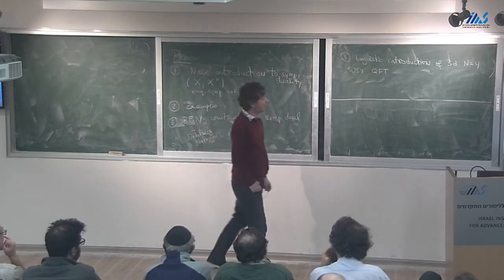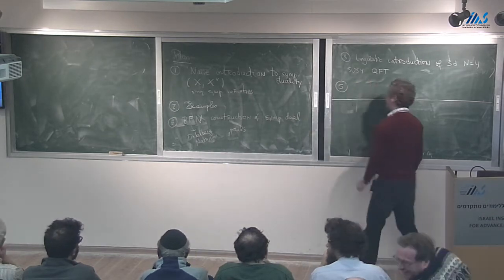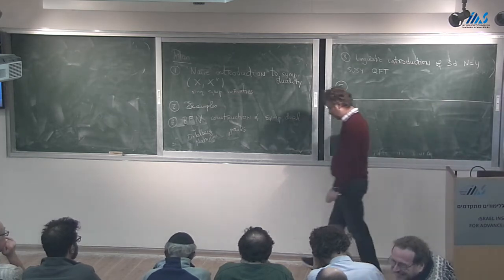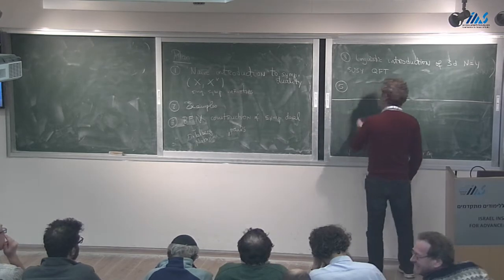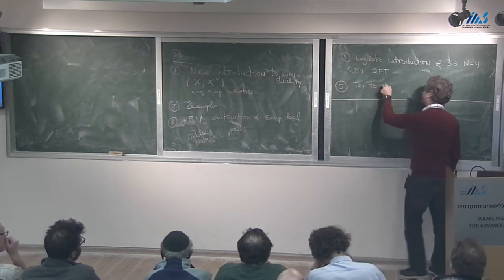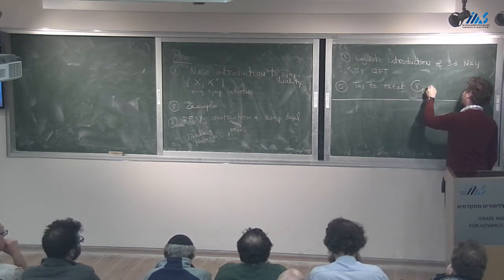And then part 5, which I don't know if I'll manage to get to or not, is some kind of recent work in progress with Kevin Costello. This is an attempt to, at least give some hints, treat part 4 mathematically rigorously.